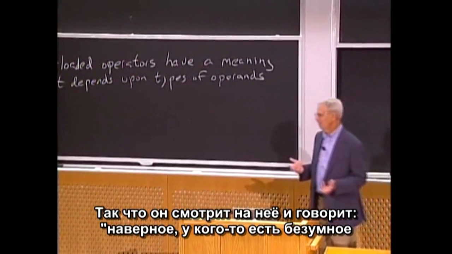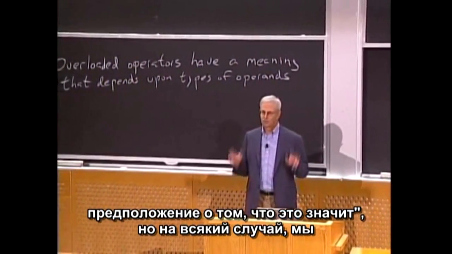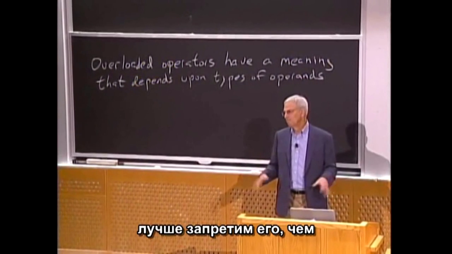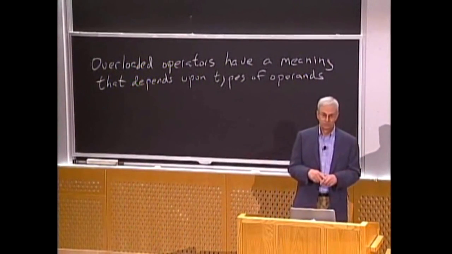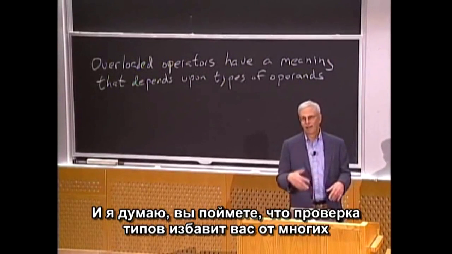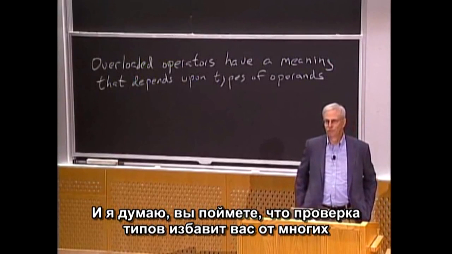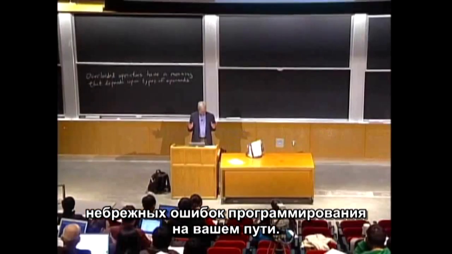So it looks at it and says, somebody might have a weird guess what this means, but just to be safe, we're going to disallow it. It could, of course, make up some funny meaning if it wanted to. But it doesn't, and I think you'll find type checking saves you from a lot of careless programming errors as you go on.